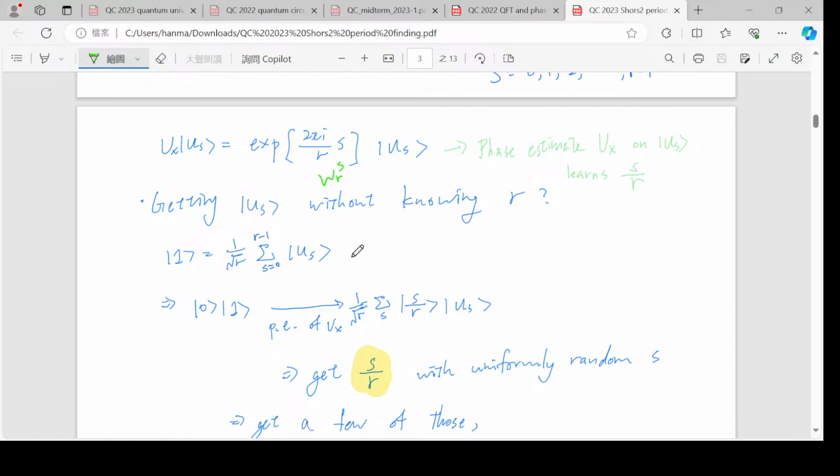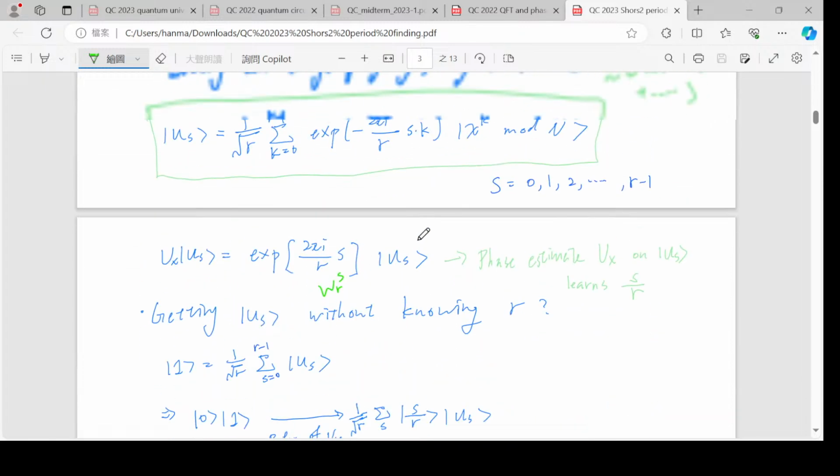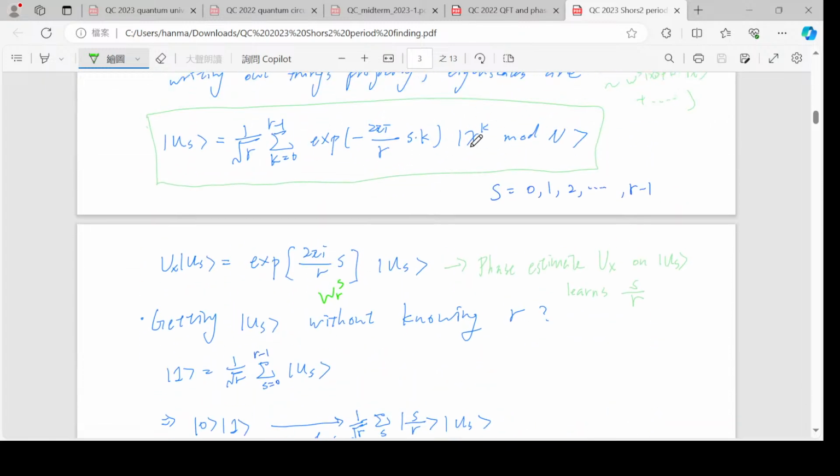So 1 is actually a superposition of all different s together. This is a calculation similar to the Fourier transform orthogonality, and you can check this yourself. If you sum different s together, one component will add up together, and all other components will cancel out. So 1 is actually an equal superposition of different u_s.